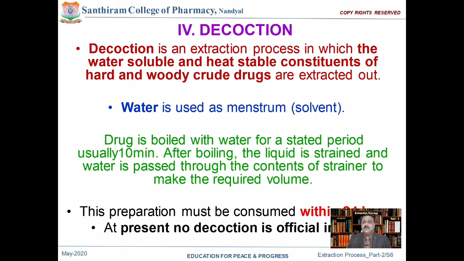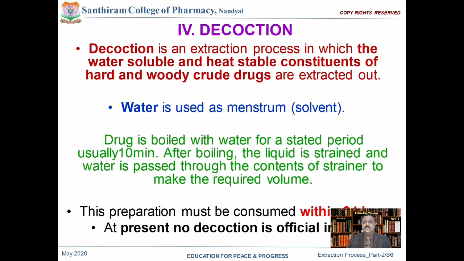Just recall infusion. In case of infusion, the material has to be soft, for example the flower petals or the leaf of a plant. Whereas in case of decoction, it is used for extracting active ingredients from material which is hard and woody in nature.